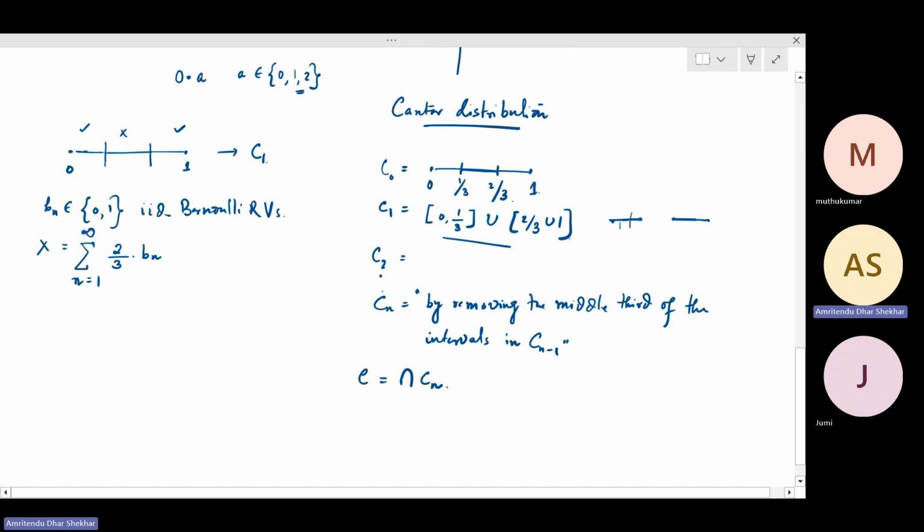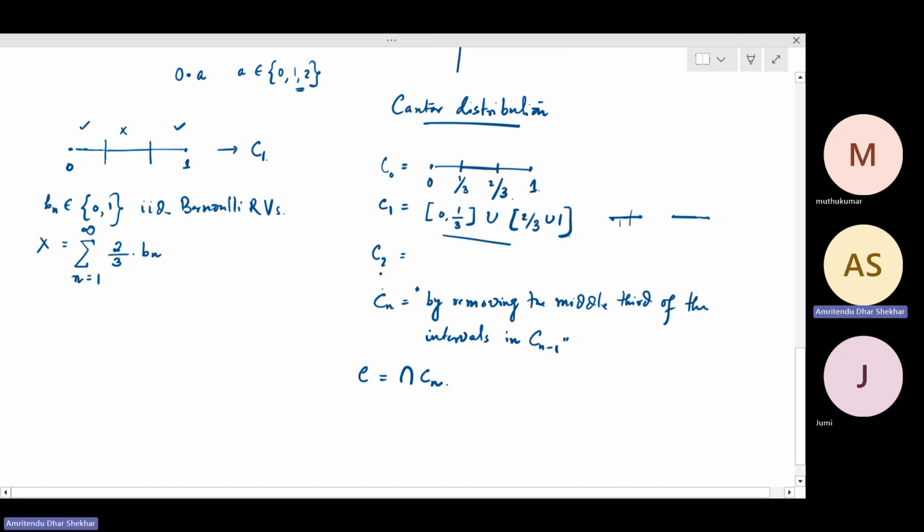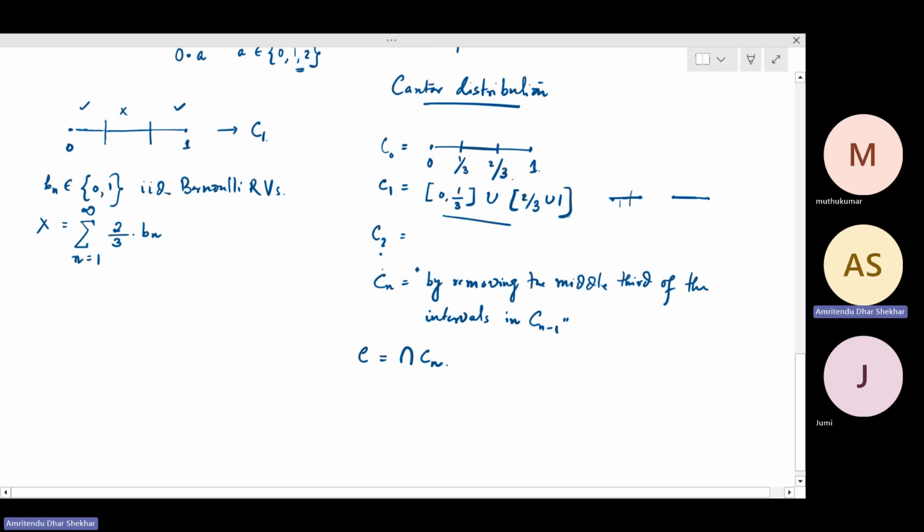All numbers which lie in C1 can be defined as the range of this random variable 2/3 B1. Well, not exactly.